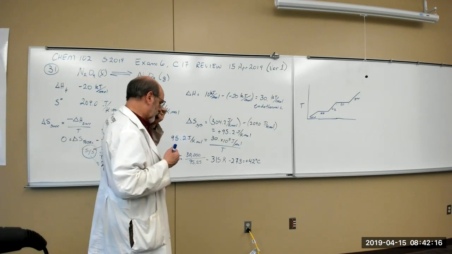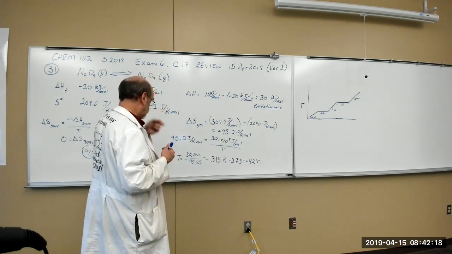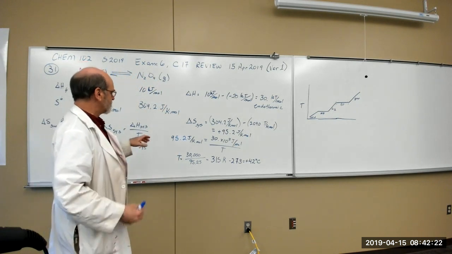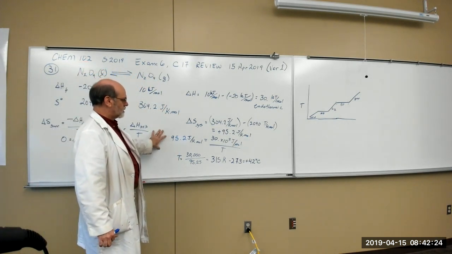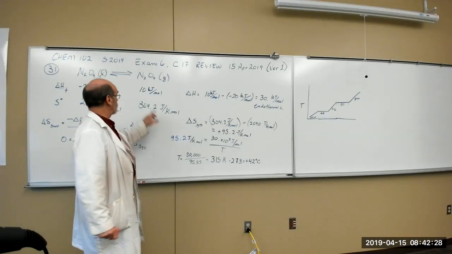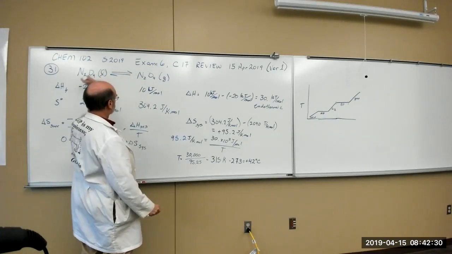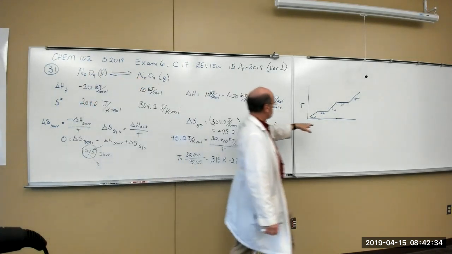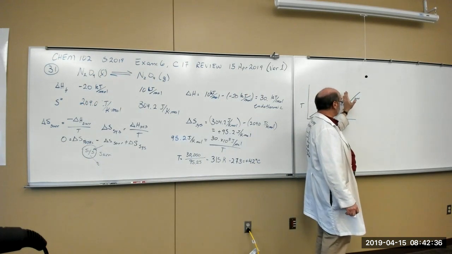You're wondering what that really means? At 42, we're saying that the process is in equilibrium. In other words, it goes backwards and forwards at the boiling point line. It would just stay right here and not move.